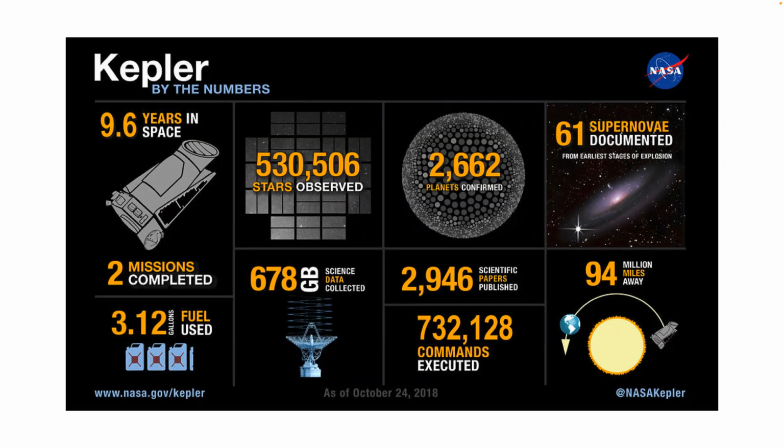Combining these two missions, Kepler observed more than 500,000 targets, and it discovered more than 2,600 confirmed exoplanets. But not only exoplanets; studies were done with this data because it's so rich.